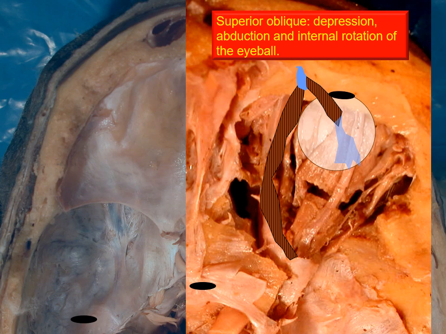I repeat, it takes a turn, and this tendinous expansion is attached to the upper posterolateral quadrant of the eyeball. As it does so, it is behind the point of intersection of the anteroposterior and the transverse axis of the eyeball at this location. Just keep this in mind. It is very important when we discuss the action of this muscle.